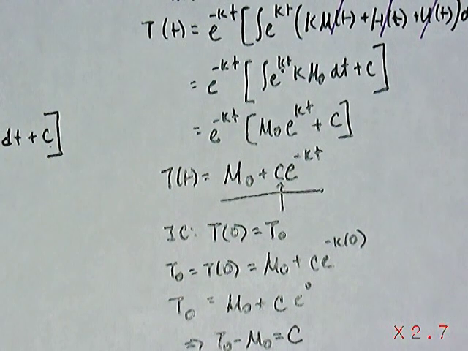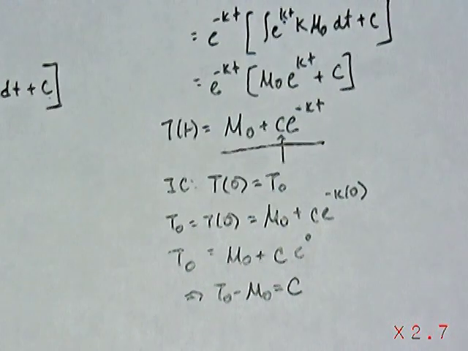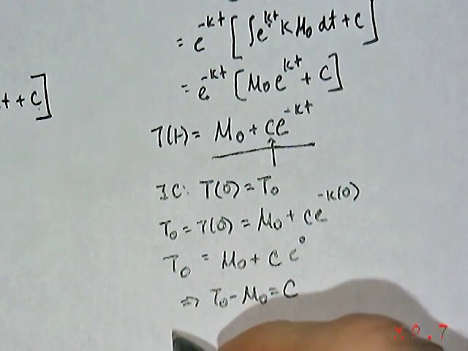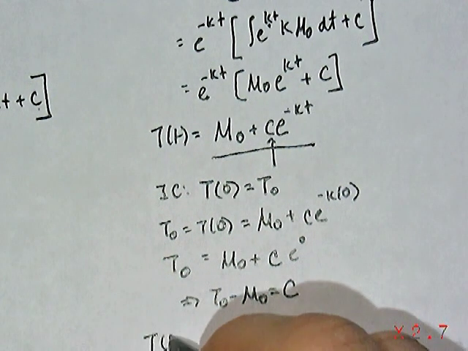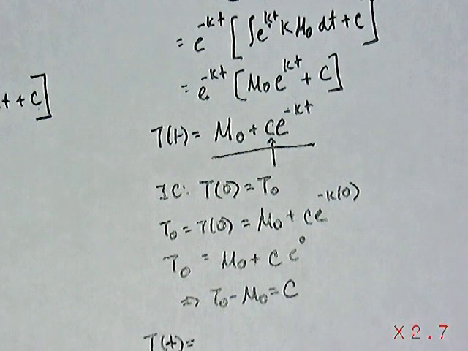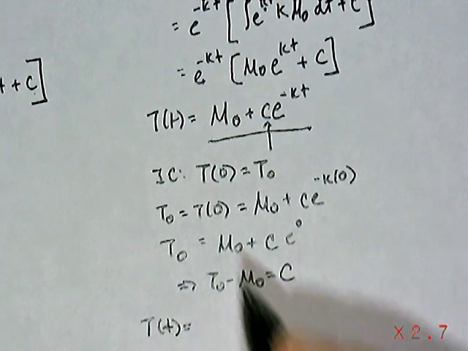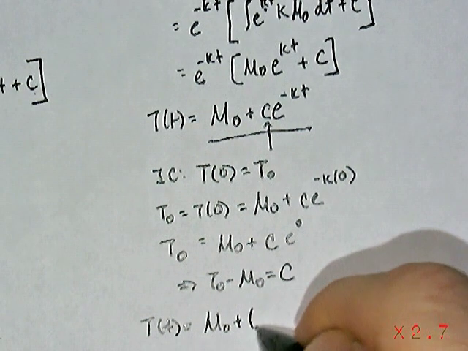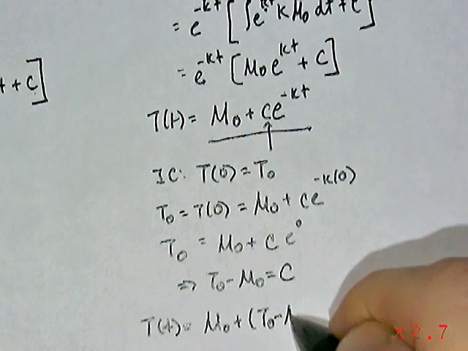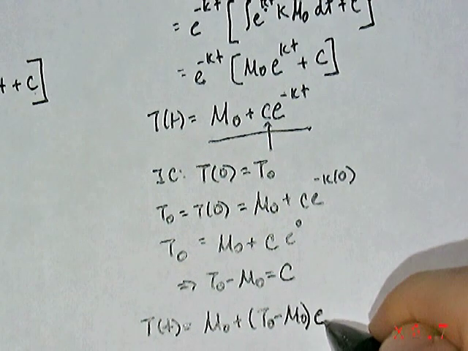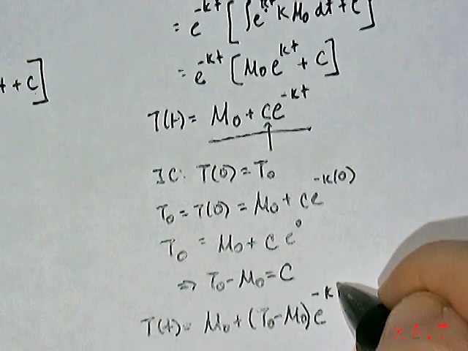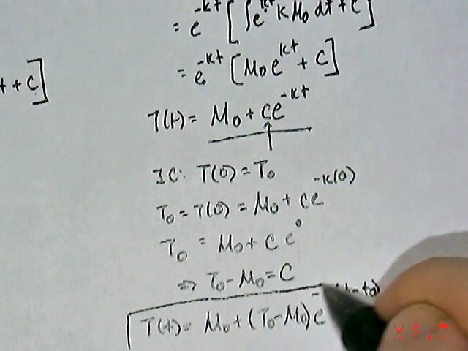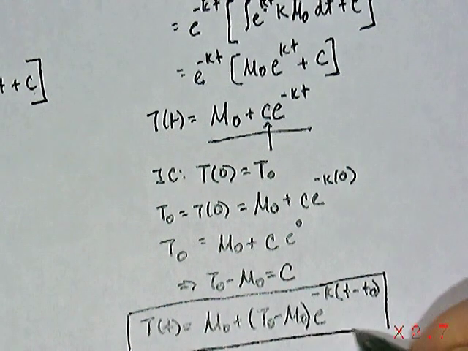So the constant is the difference between the outside temperature initially and the inside temperature initially. So the overall model we have for this particular problem is that the temperature inside the building is your initial outside temperature plus the difference in the inside and outside times e to the minus k, and you'll have this term t minus t0, just after you represent what c is.